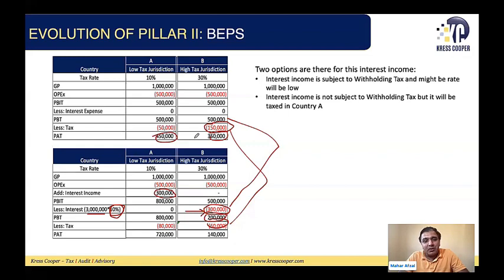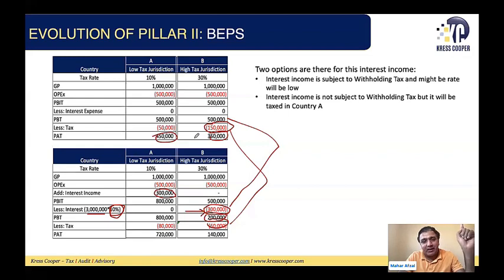To control this tax revenue loss, the OECD took the initiative. The OECD was set up in 1960.